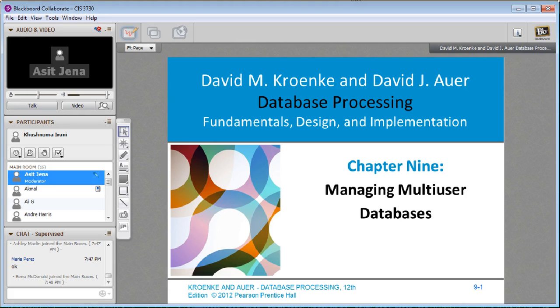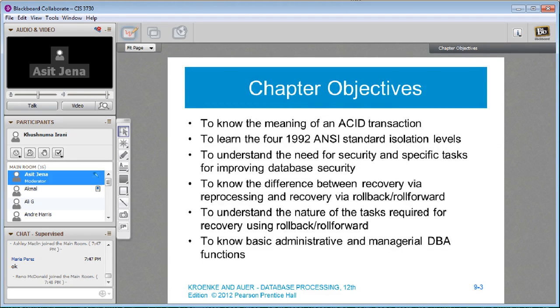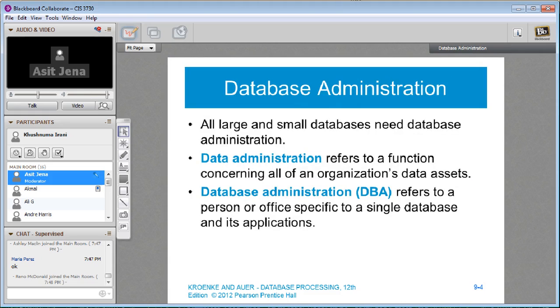All the kinds of databases that we're talking about in this class are multi-user databases, and those are the databases we will be covering in this chapter. We'll be talking about how to manage those databases. Database administration: all large and small data needs database administration.